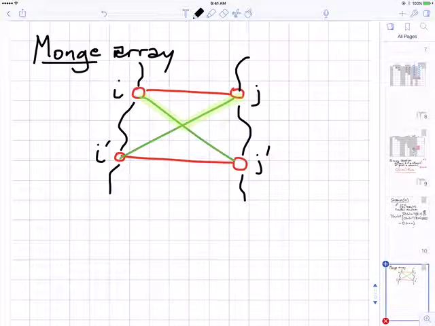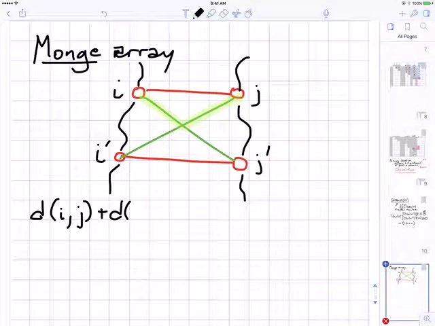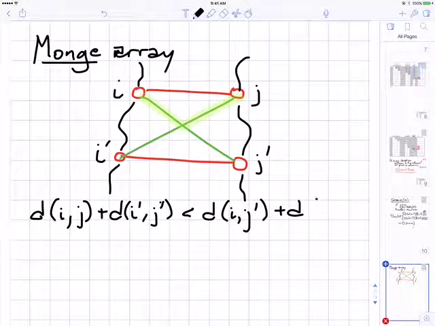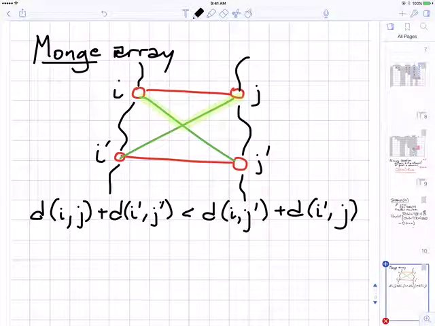Then the property that you get here is that the distance from point i to point j plus the distance from i prime to j prime is less than the distance from i to j prime plus the distance from i prime to j. D, that distance, if I have n points on the right and m points on the left, defines a matrix.